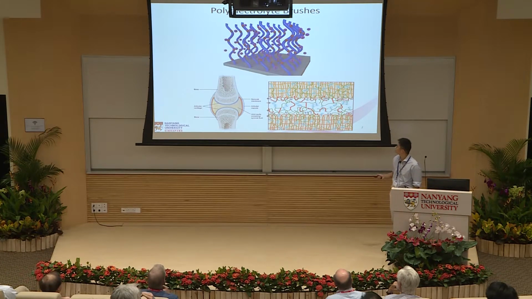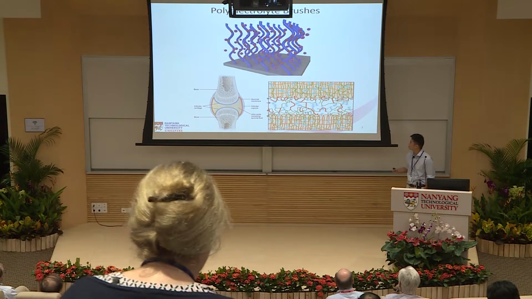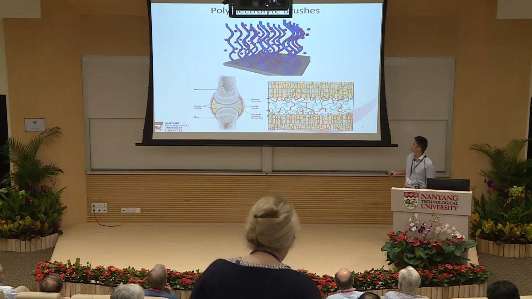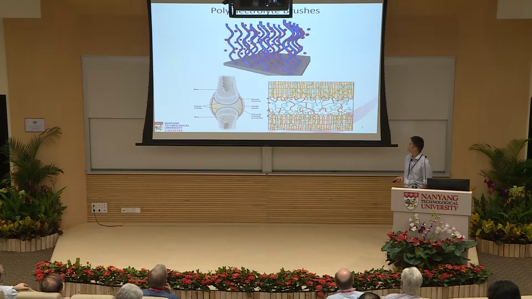Knee joints or hip joints, you have charged polyelectrolytes, such as hyaluronic acids, as well as glycosylated proteins, that form these brush-like structures, which play a very important role in the boundary lubrication properties of the knee joints, and therefore we're really interested in the brushes.